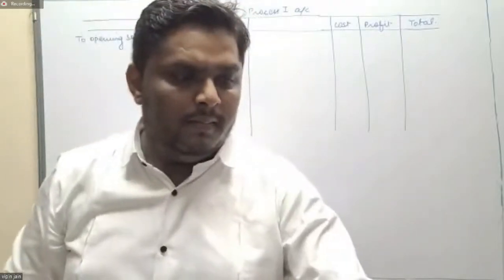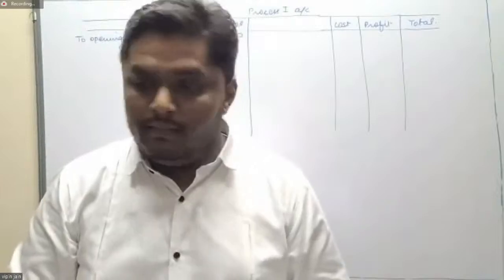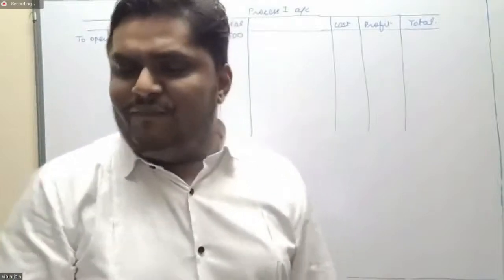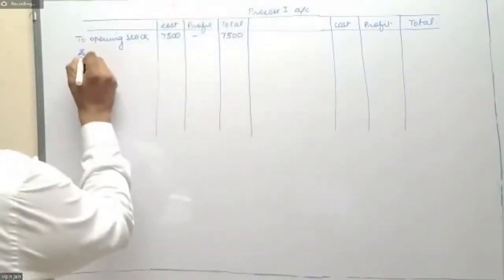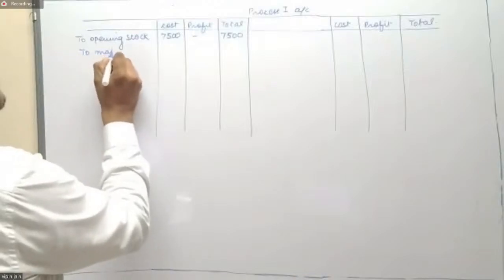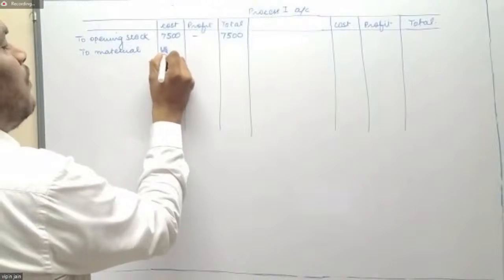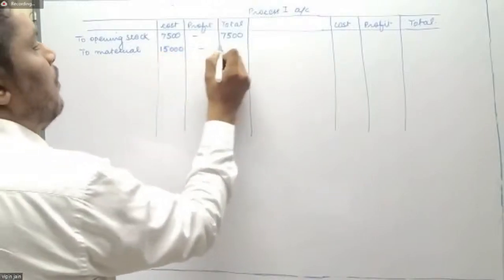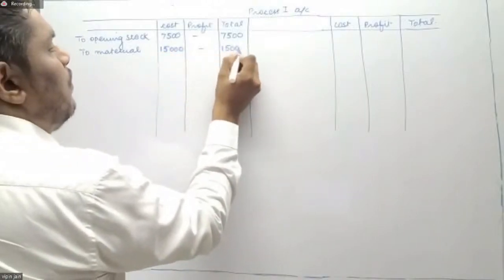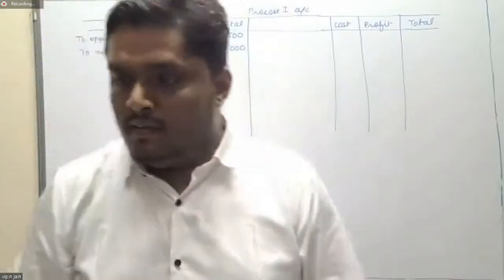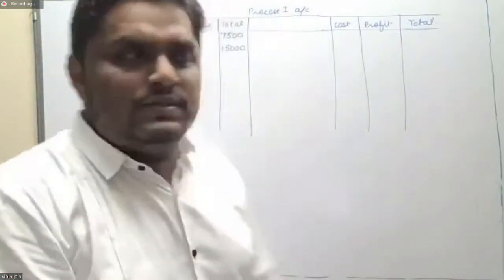So opening stock is 7,500. Then material is 15,000. Wages is 11,200.